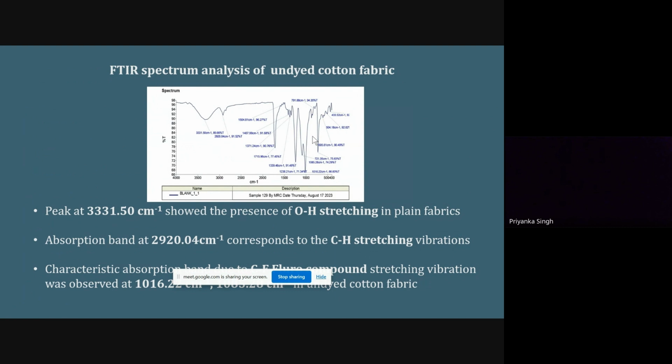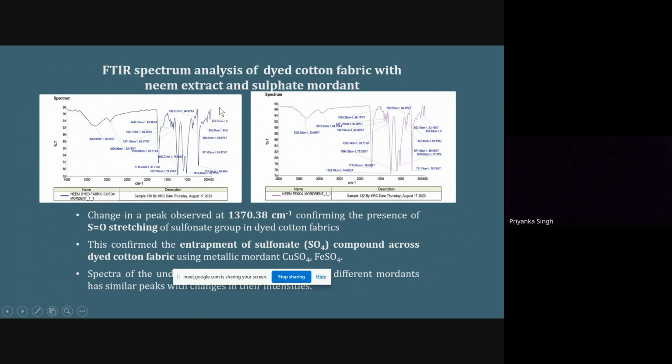Then for the group analysis, we have carried out the FTIR spectrum analysis. Here, first we have done the FTIR for the undyed cotton fabrics, and then compared with the sulfate mordants, copper sulfate here and ferrous sulfate here. In this case, we have got a very specific wave number, at 1371.